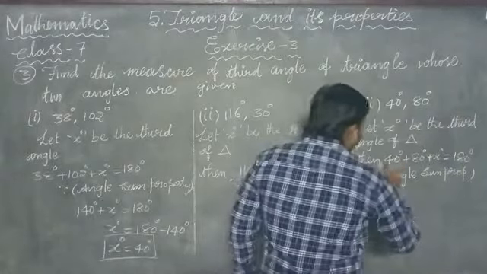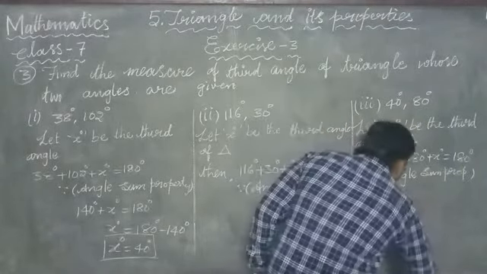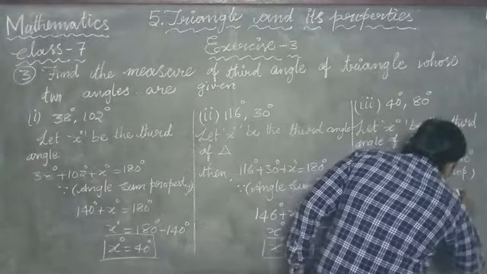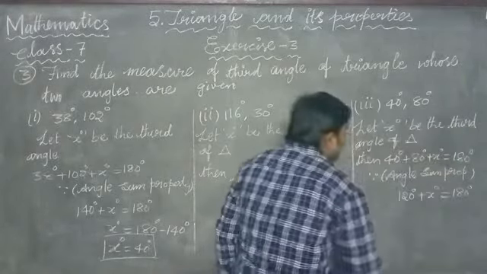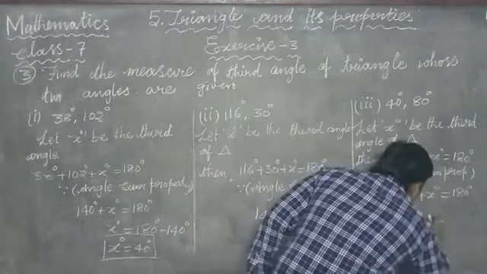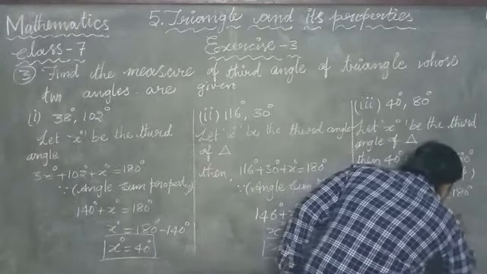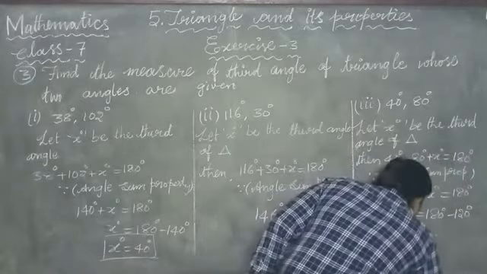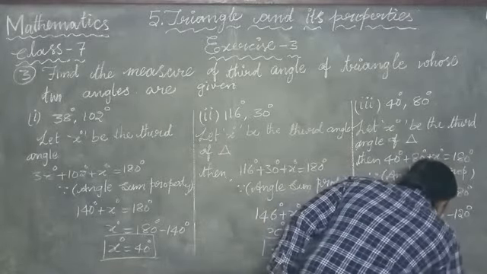Then 40 degrees plus 80 degrees equals 120 degrees, plus x degrees equals 180 degrees. Then x degrees equals 180 degrees minus 120 degrees. Then x degrees equals 60 degrees.